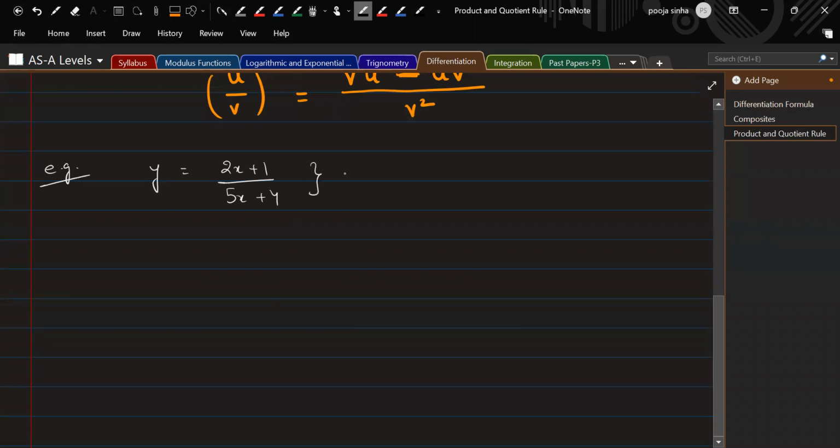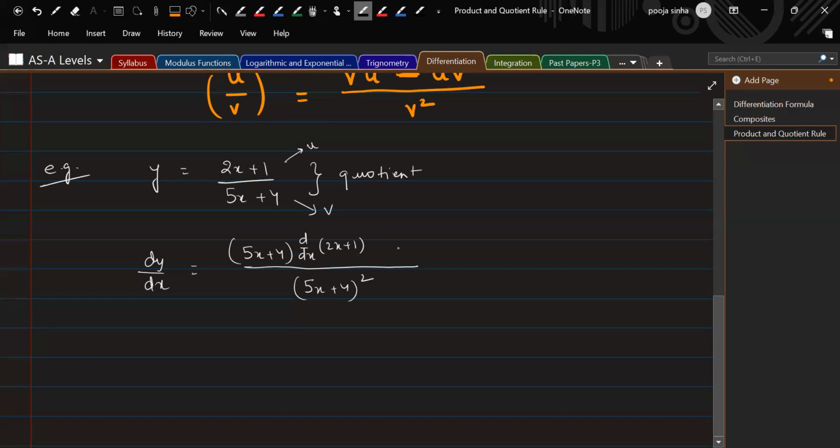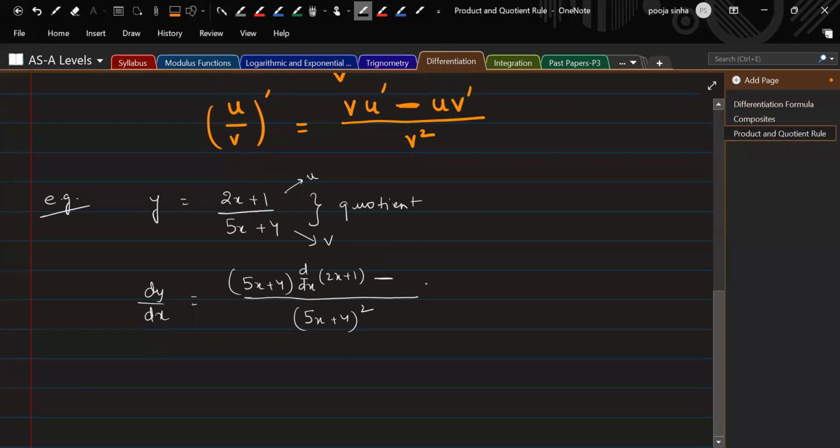So quotient है ये. मतलब ये डिवीजन है ना, तो quotient है, इसमें u है ये, और यह v है. तो हमको क्या ध्यान में रखना है कि इसको जब डिफरेंशिएट करेंगे, so dy by dx of this will become v का स्क्वायर, यानी कि 5x plus 4 का स्क्वायर. फिर v को एज इट इज रखना है, 5x plus 4, और u को डिफरेंशिएट करना है, so d by dx of 2x plus 1, फिर माइनस, फिर u को रखना है, 2x plus 1, और d by dx of 5x plus 4 कर देना है. क्लियर हुआ? अब ये डिफरेंशिएट करो और इसका आंसर निकालो.